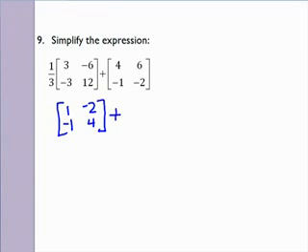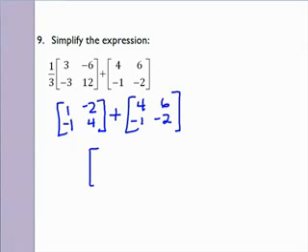And I'm going to add 4, 6, -1, -2. And that gives me a total answer of 5, 4, -2, and 2.